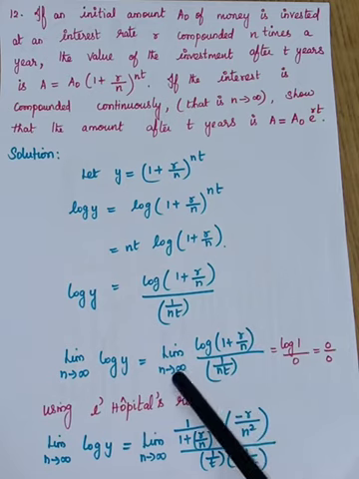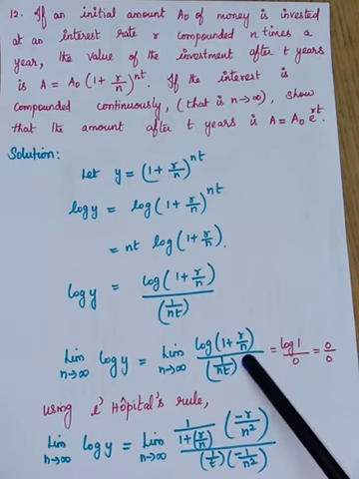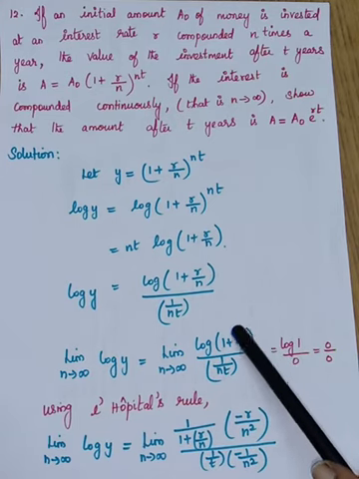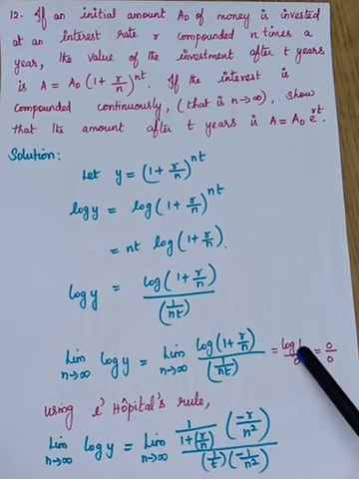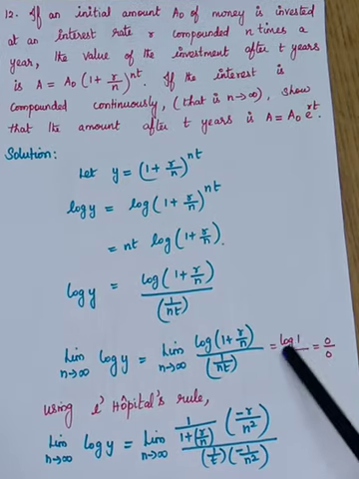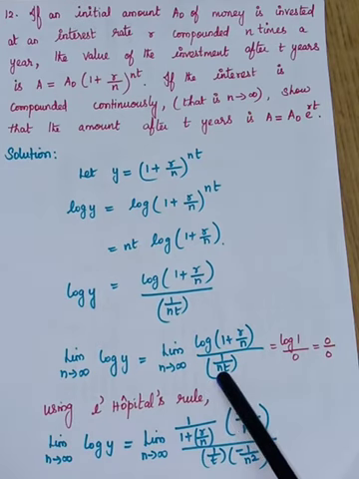When you apply n tends to infinity, r by infinity is 0, so the numerator becomes log 1. In the denominator, 1 by infinity is 0. So 0 by 0.